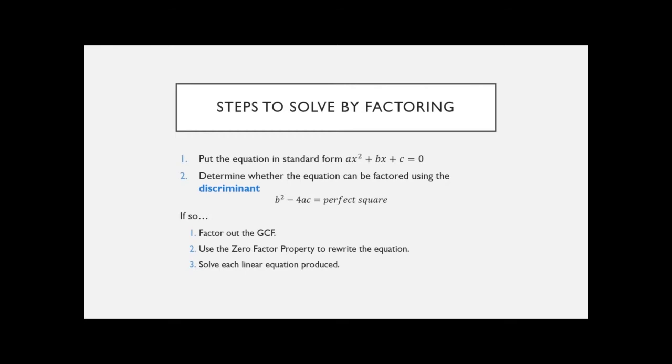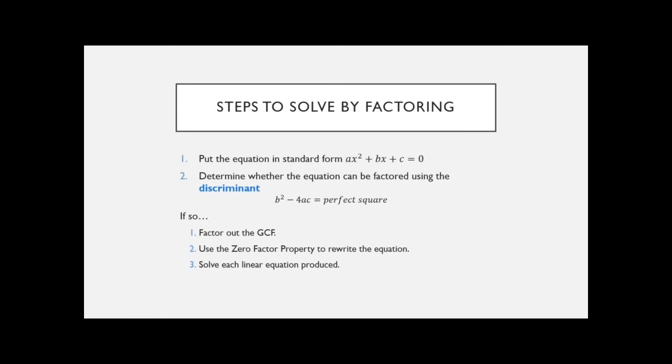And then not everything can factor, as you learned last week when we were doing factoring. So in order to solve by factoring, it has to be something that can be factored. So you can always check to see if it can be factored by determining the discriminant. And the discriminant is b squared minus 4ac. So you plug in your numbers for a, b, and c based off of the standard form.